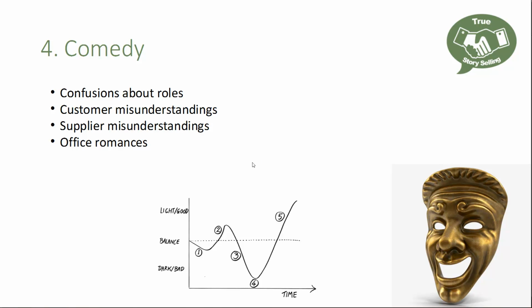So this is actually quite versatile in business use. You can talk about any time where there have been major confusions: confusions about roles, misunderstandings between you and a customer, misunderstandings between you and a supplier, office romances. And the key thing about comedy is it doesn't actually have to be funny. I use the comedy structure a lot in my stories.